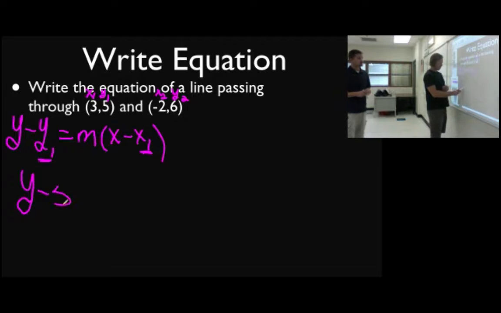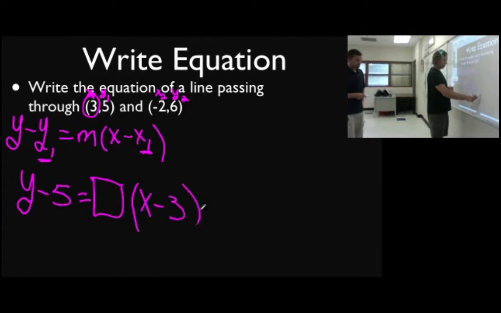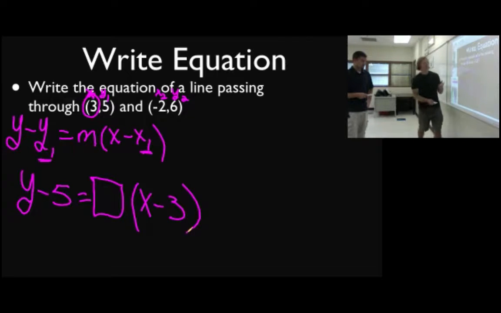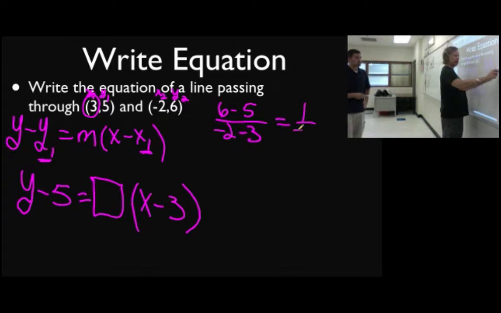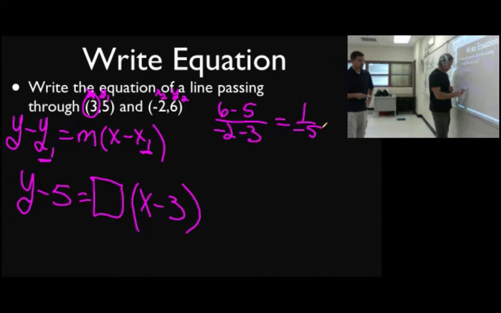Well, it was 5, equals m. I don't know what m is, so I'm going to put a box there like they did in elementary school. X minus x1, well x1 was 3. And so I need the slope, and I remember that the slope was change in y over change in x. So what is that? 1 over -5. So -1/5 is the slope.